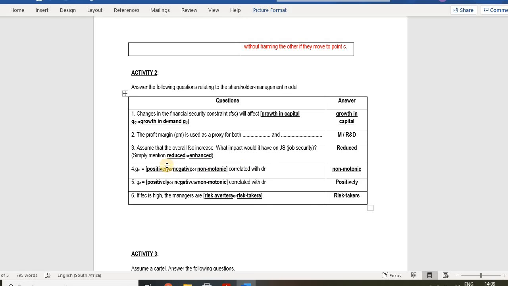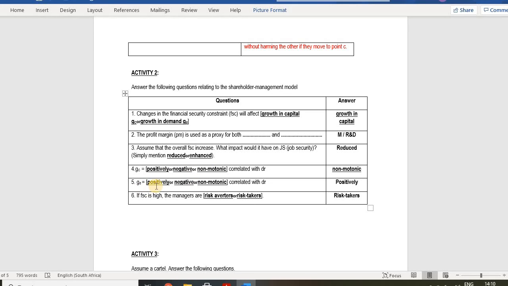This means that the growth in capital is not related in any way with diversification rate. It cannot be expressed in functions or formulas or calculations in relation to diversification. So the answer here is non-monotonic.